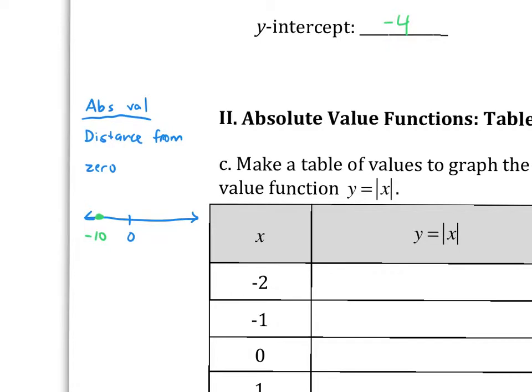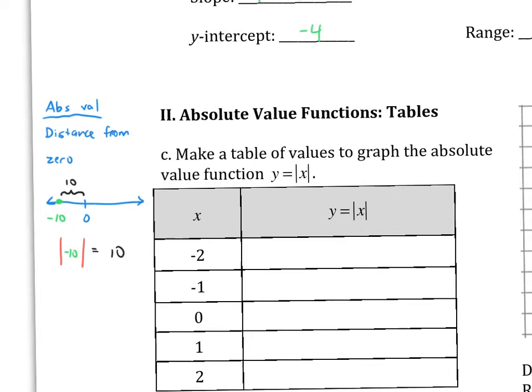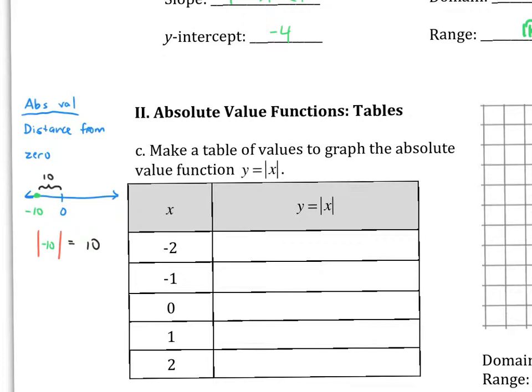The way we represented that was with the absolute value bars, a -10 on the inside, and we know that simplifies to 10 because the distance from 0 is 10. So, generally speaking, when we're talking about distance, we talk about absolute value. We're going to see that later when we get to the application.